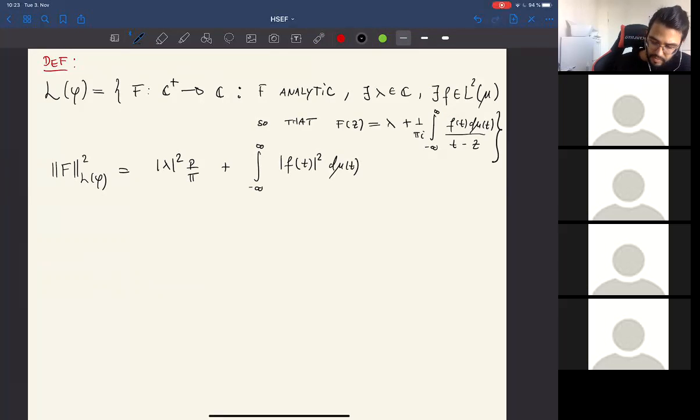Okay, so that's the definition, and from the norm, you can easily guess what the inner product is.